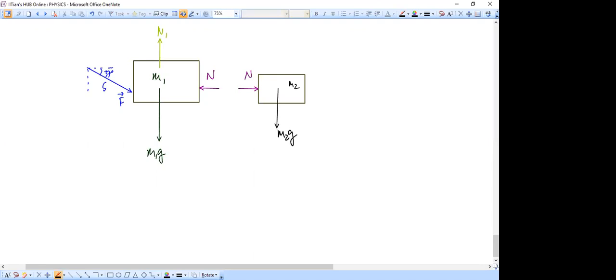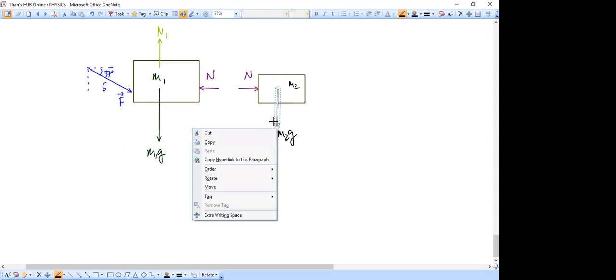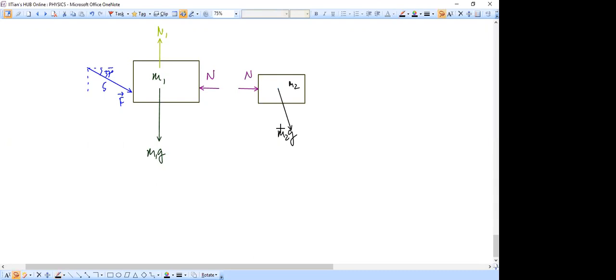And of course, the ground is pushing it up with some normal reaction N2.